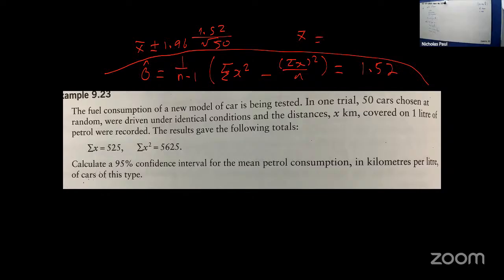And we know what X bar is. Oh wait, no, I didn't work out X bar. X bar is 525 divided by 50, which is 10.5. So you have to work out X bar too, because I didn't give it out.